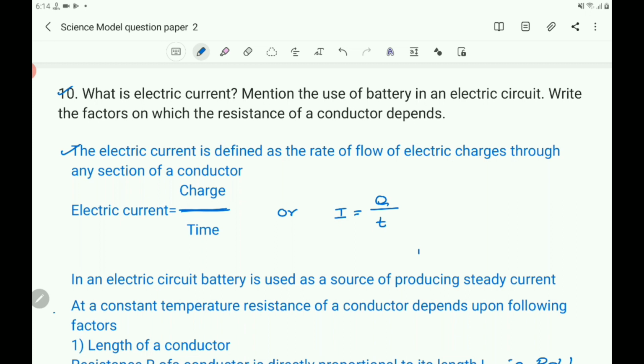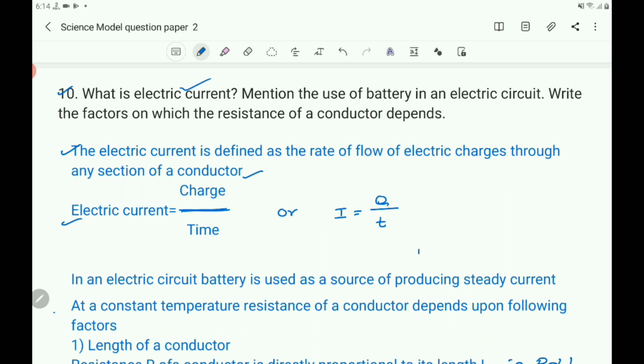The electric current is defined as the rate of flow of electric charges through any section of a conductor. So you can write electric current equals charge divided by time, that is I = Q/T.